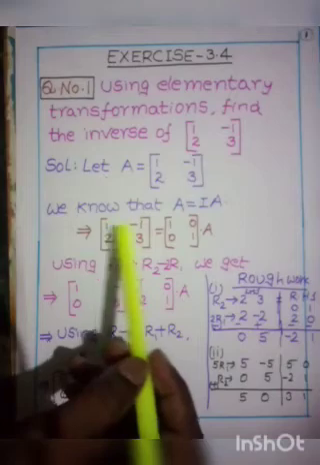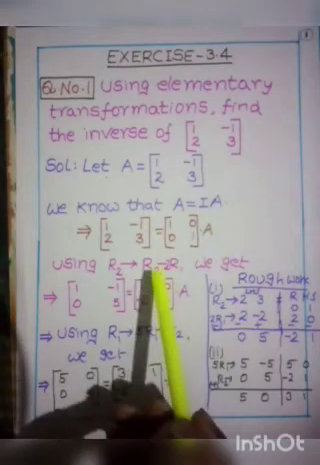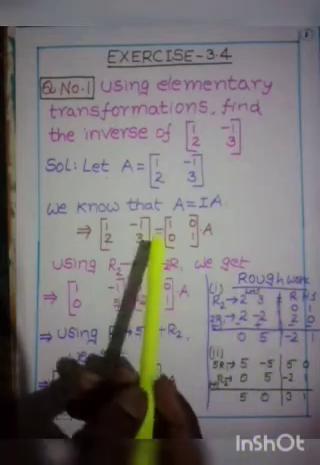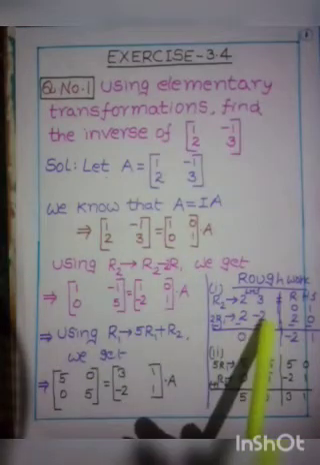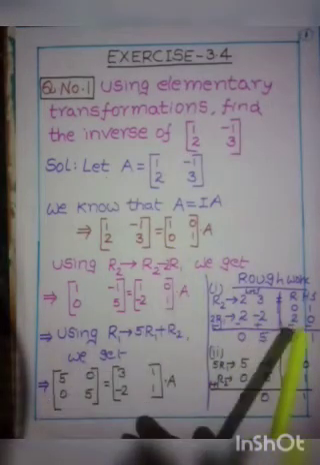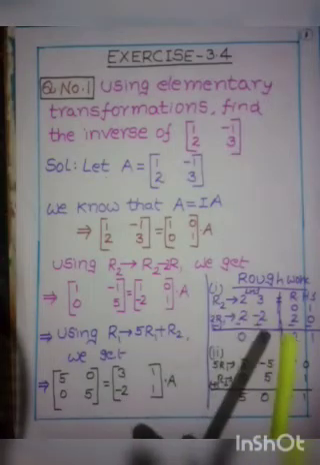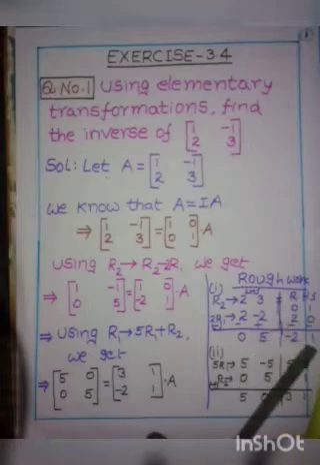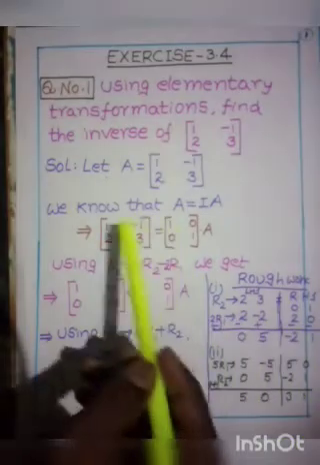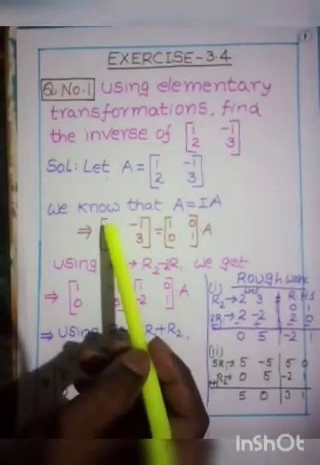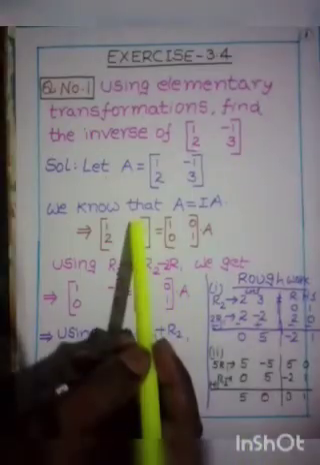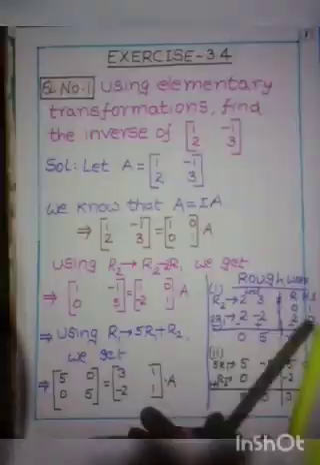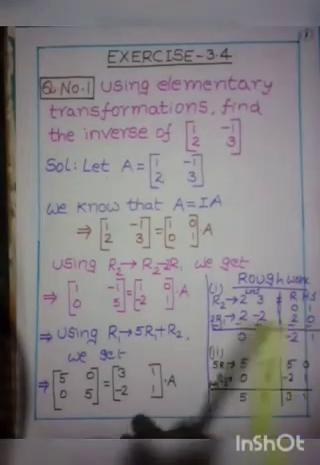So we multiply all these four elements by 2. 2 into 1, we get 2. 2 into minus 1, we get minus 2. 2 into 1, 2. And 2 into 0, 0. Understood this step, my dear children?